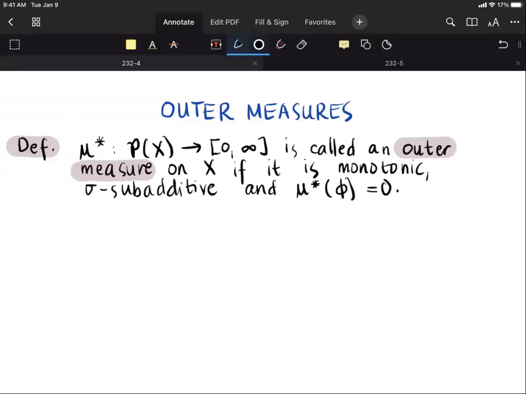So here, the difference from a measure is that we replace sigma additivity by two properties, monotonicity and sigma subadditivity.